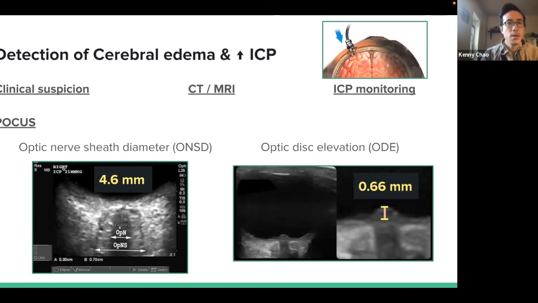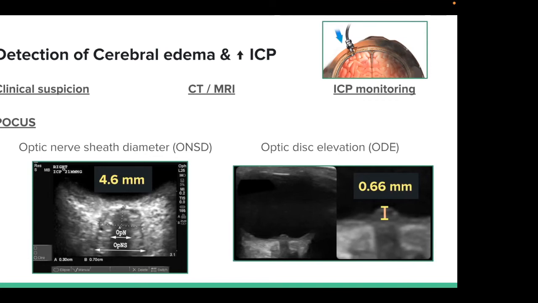So yeah, just be very careful with these measurements, because like you said, a lot of this data is even extrapolated from adults. So with kids, there's no exact measurement. You know, I've had kids with 5, 6, 7 millimeters, and they had no ICP, normal scans. I would pay more attention to the cupping of the optic disc as opposed to the measurement itself.